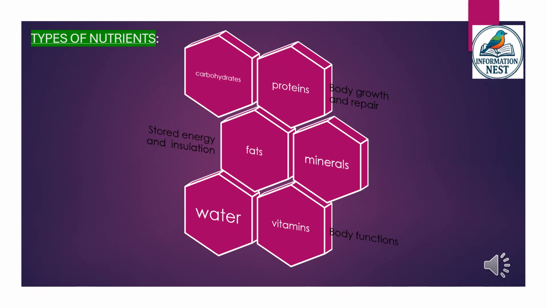Next comes the minerals, the unsung heroes. They are called unsung heroes because calcium makes your bones strong, iron carries oxygen in your blood, and potassium keeps your nerves firing. The human body contains enough iron to make a small nail. And the most important are the vitamins.